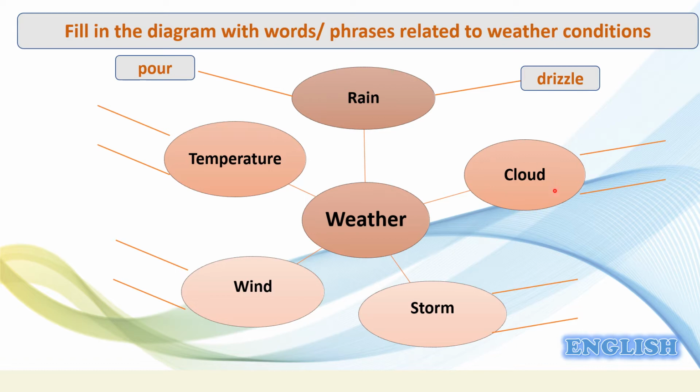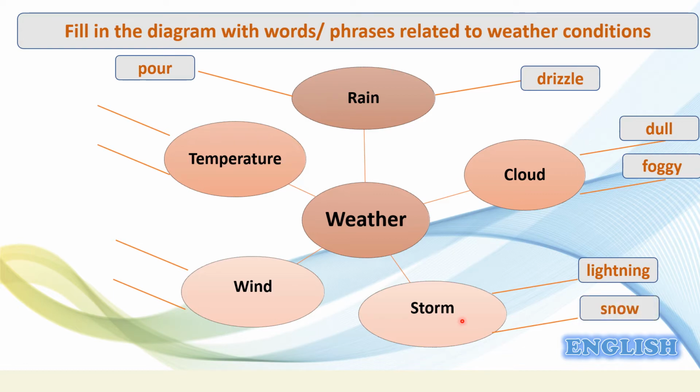What can we associate with the word cloud? We have dull, which means very dark and there is lots of cloud. And the word foggy. Very good. The word storm now. We have lightning, which means bright flashes. And the word snow.